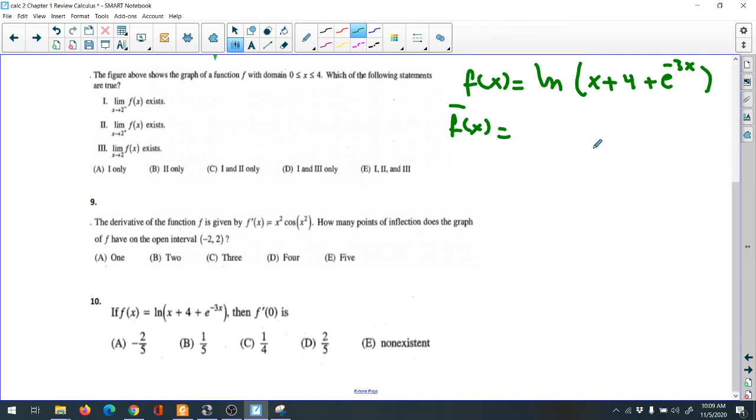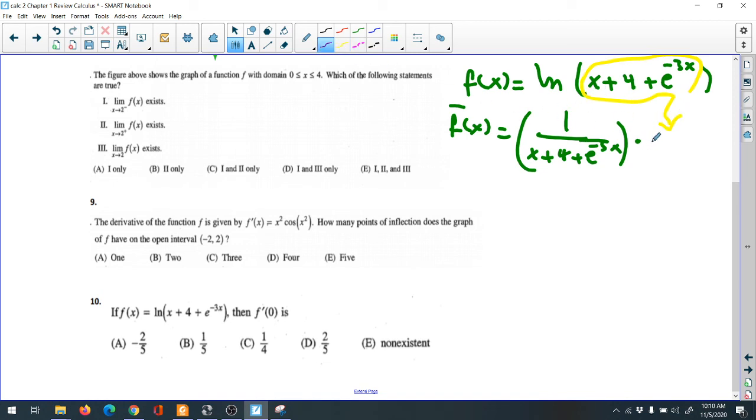Derivative of ln of x is 1 over x. Derivative of ln of anything is 1 divided by that thing. So it will be 1 over whatever it has, x plus 4 plus e to the negative 3x. Times, we use chain rule, derivative of inside.